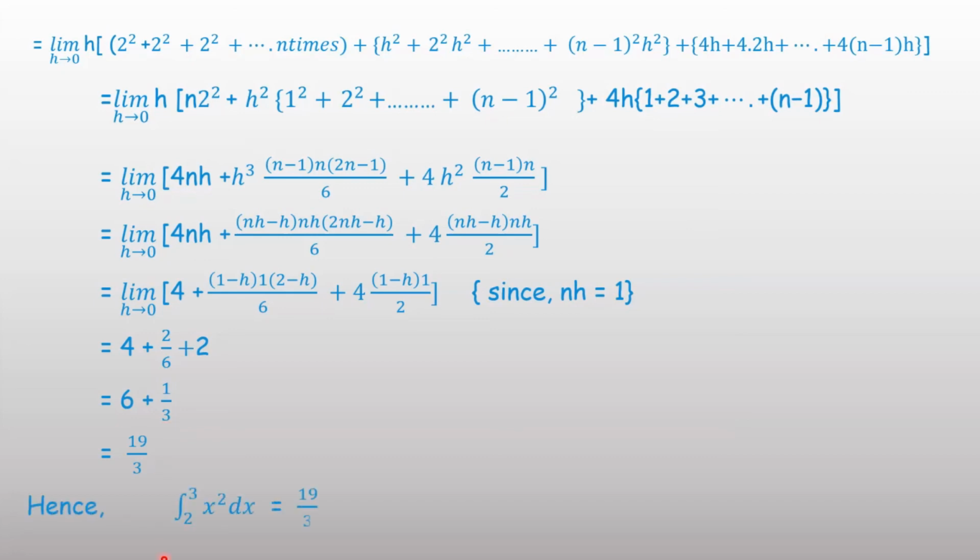In this pattern, the integration of x square dx from 2 to 3 we can write as 19 by 3, which means the area under the curve from x equals 2 to x equals 3 enclosed by the x-axis is 19 by 3 square units.